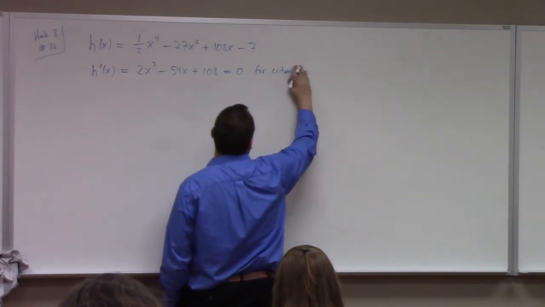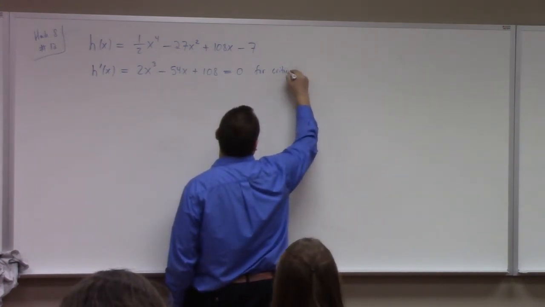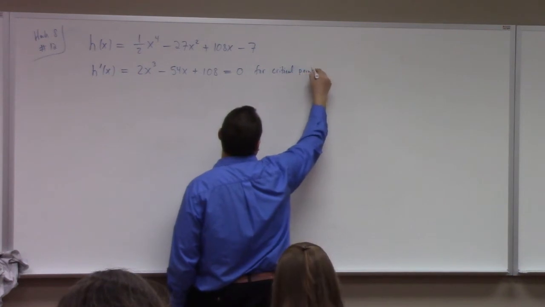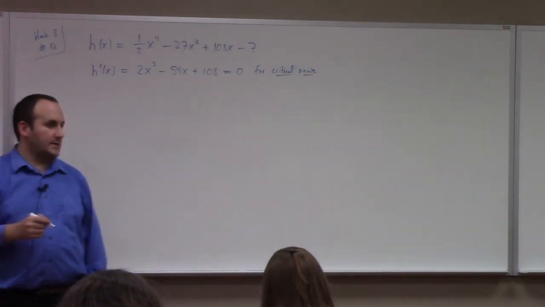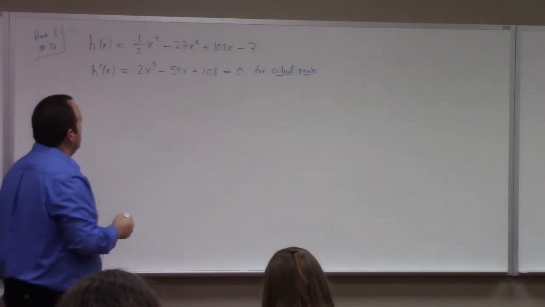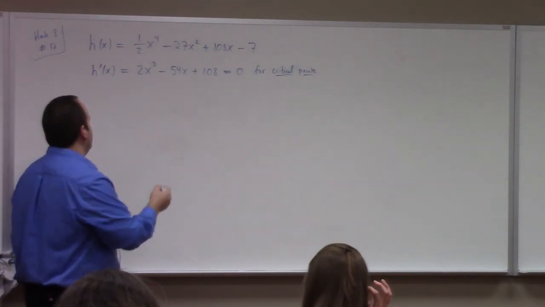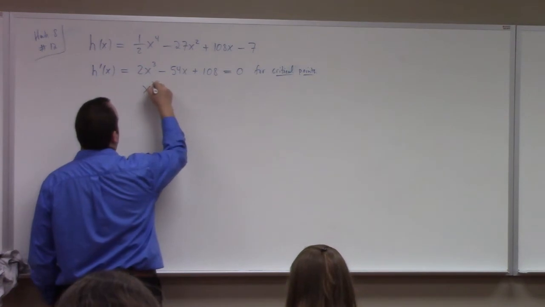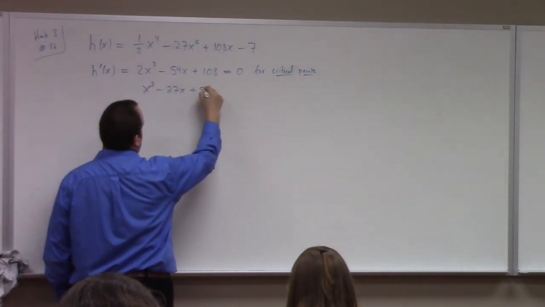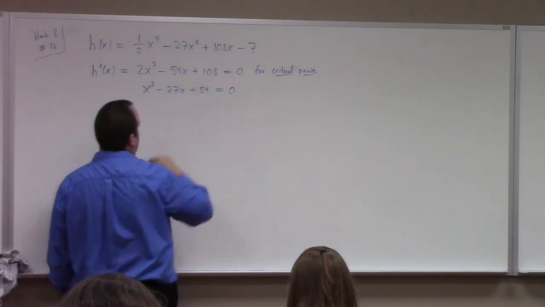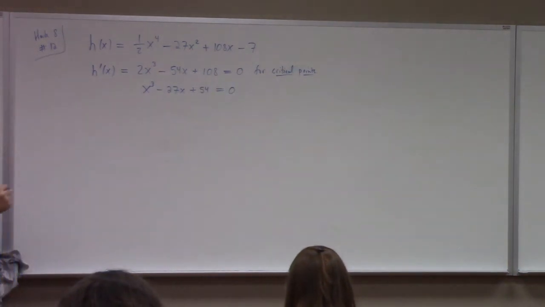Critical points. All right. Divide by 2. X cubed minus 27x plus 54 equals 0. Right?